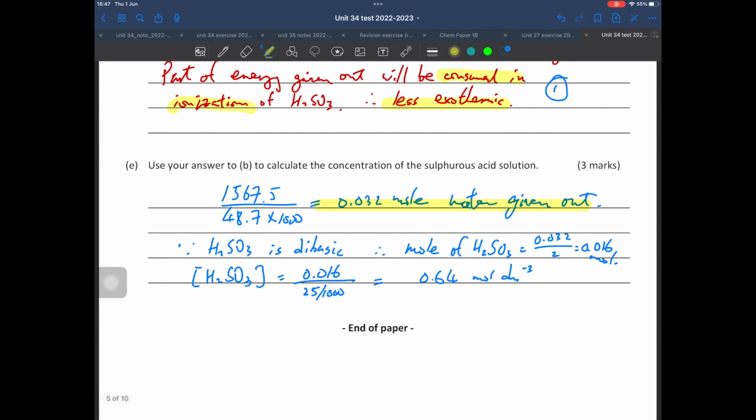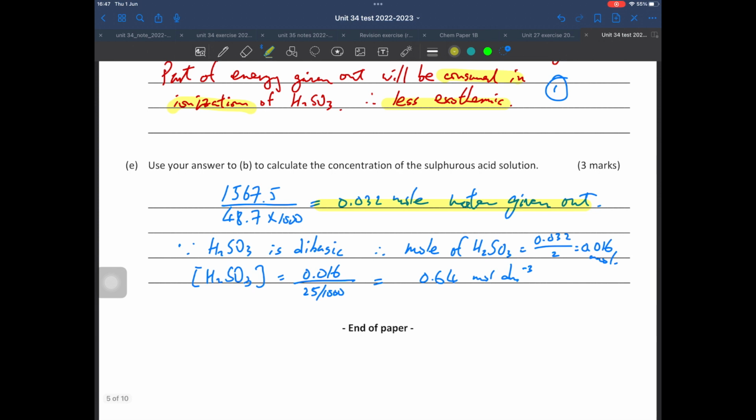Now, because H2SO3 is dibasic, the amount of H2SO3 should be half that of water formed, right? 0.016. And finally, the concentration will be the number of moles over volume.